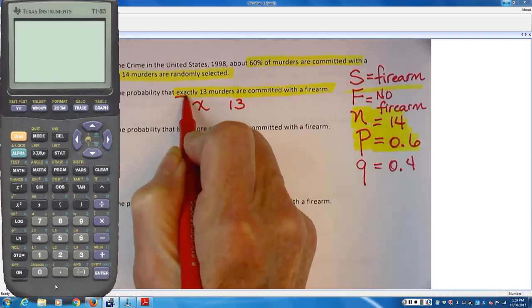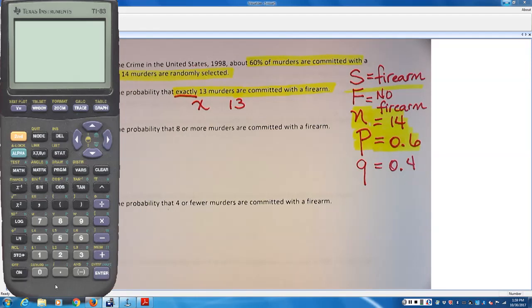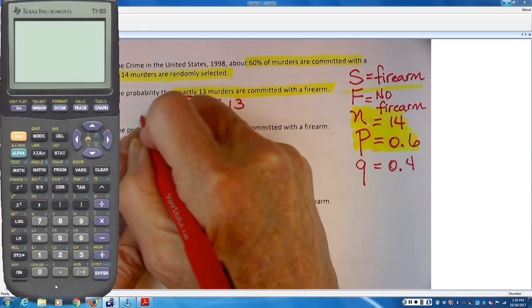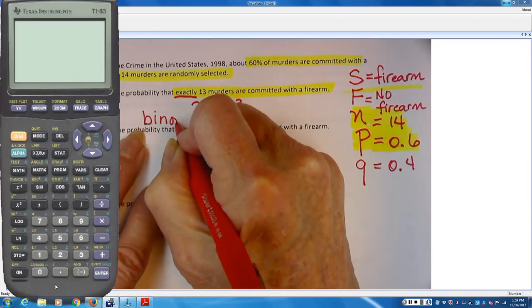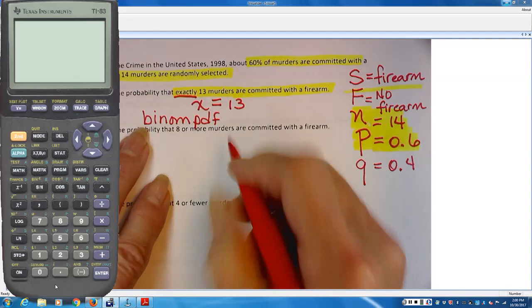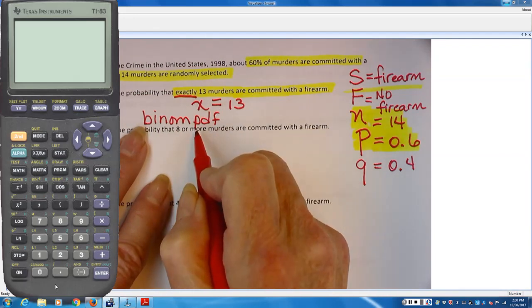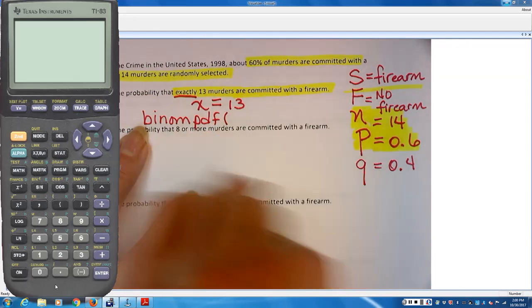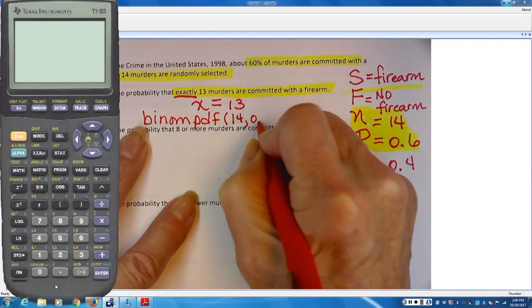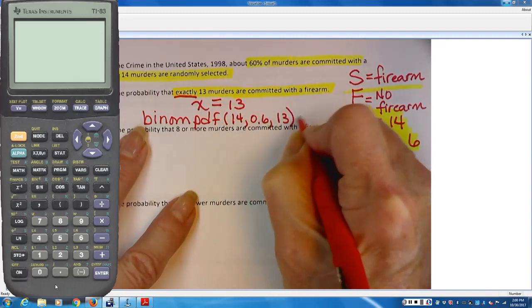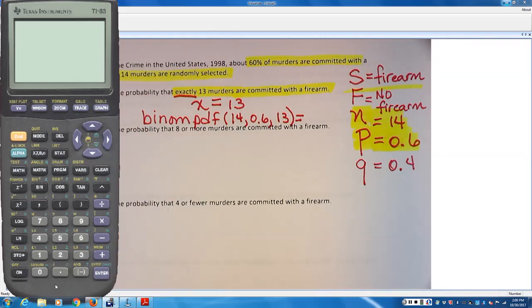What does this tell you? It equals 13. Okay? And anytime it's equals to, it's PDF. Now, I'm not going to work the problem for you. I'm just going to fill these out. I want you to go back in and fill the numbers. But I'm telling you exactly how to work them.